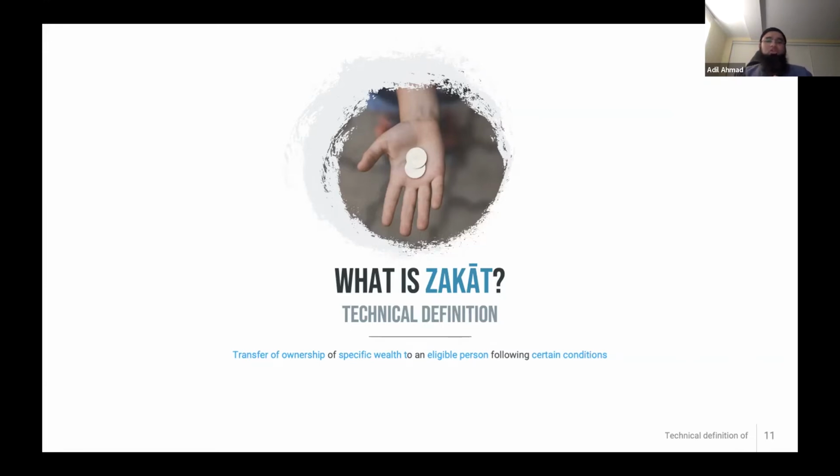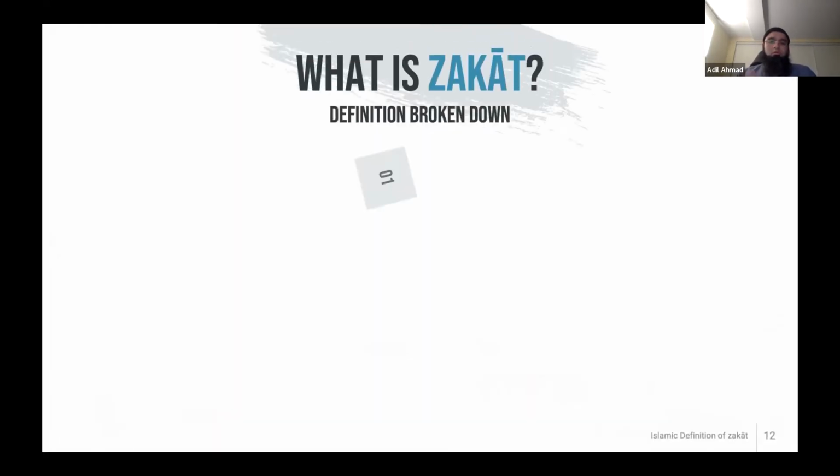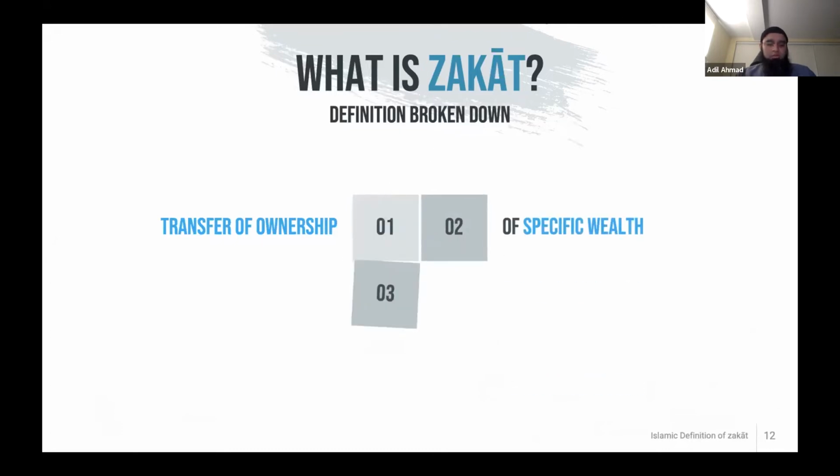The last part is ma'a shara'it, following certain conditions. So when we put all of this together, transfer of ownership of specific wealth to an eligible person following certain conditions, now we start getting into zakat. Just to break it down, transfer of ownership is the first and foremost thing.